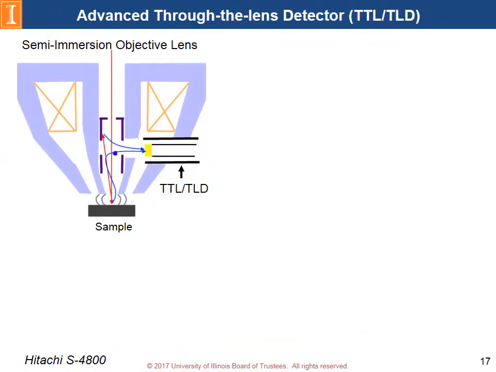As we discussed in the last slide, the through the lens detector can efficiently collect SE1 and SE2, with BSE and SE3 excluded, therefore giving high surface resolution imaging. However, more advanced through the lens detectors can also detect BSE, although the detection is indirect through SE3.